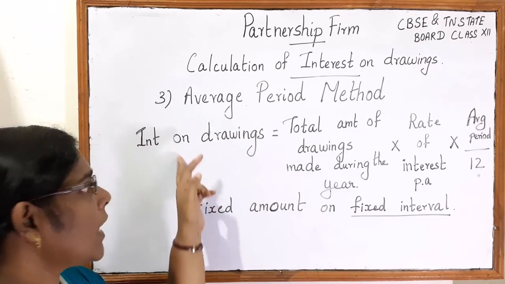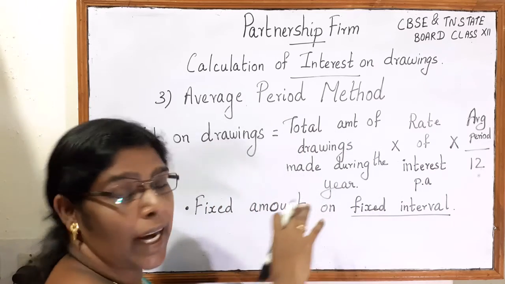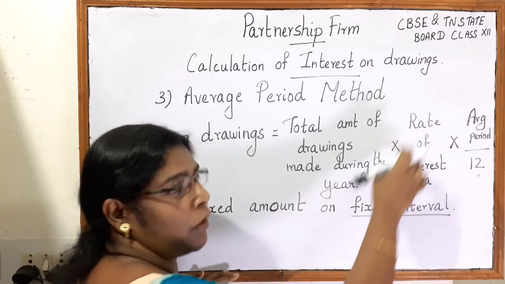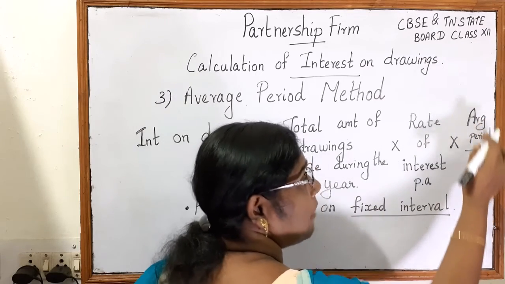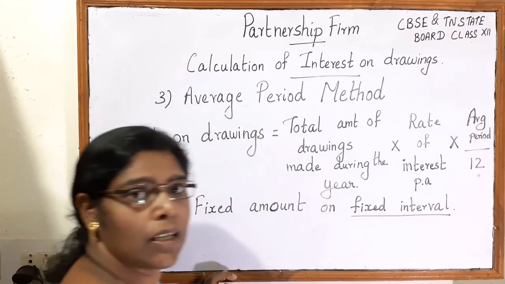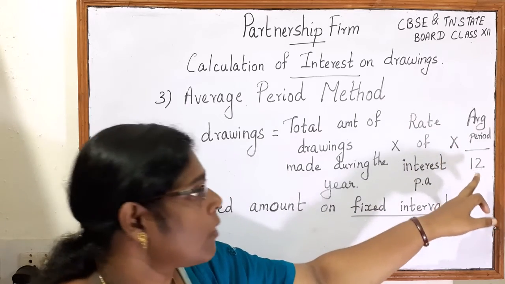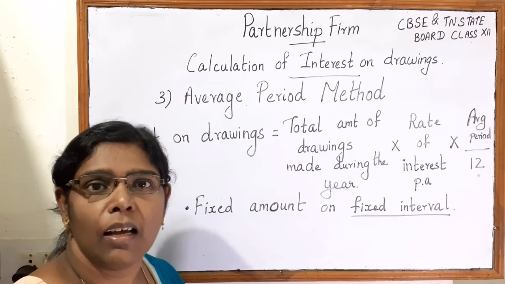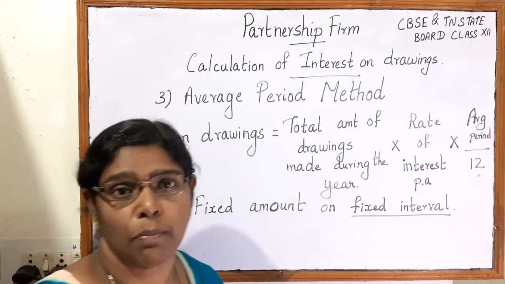So what's the formula? Interest on drawings is equal to the total amount of drawings made during the year into rate of interest per annum into average period divided by 12. Here I want to say that for class 12, you are not asked to find the average period.